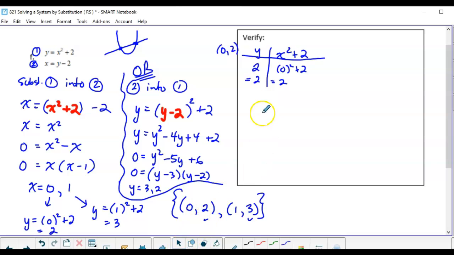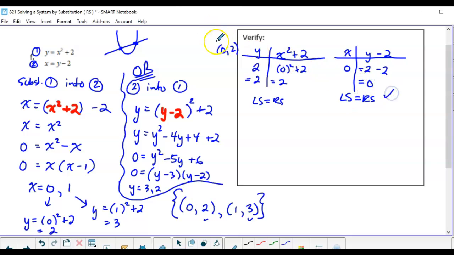So that works. And then we check into the other equation. So the x is 0, and the y is 2. So that works. So this point is good.